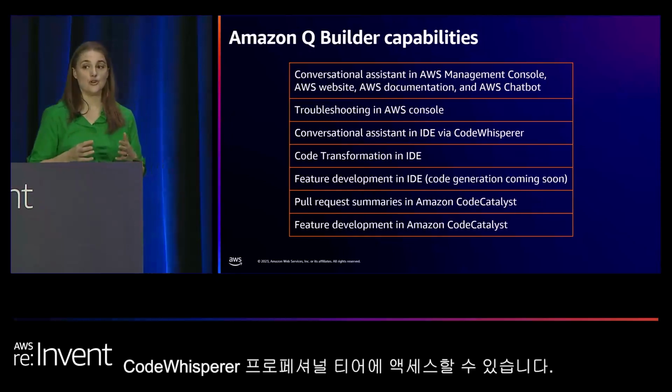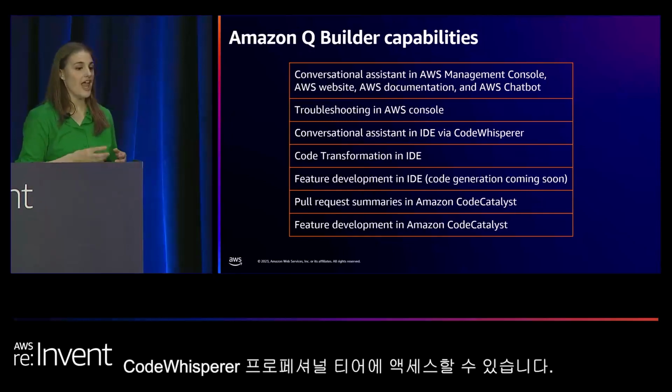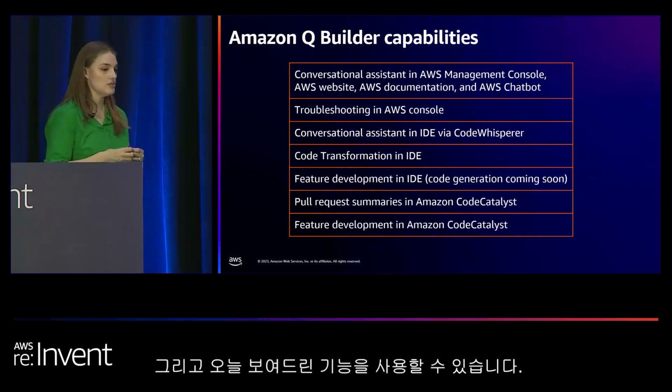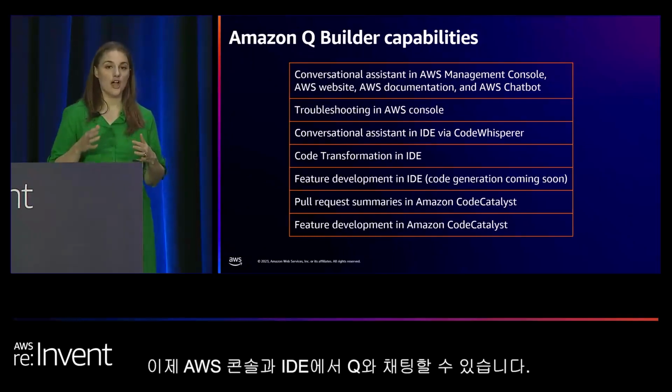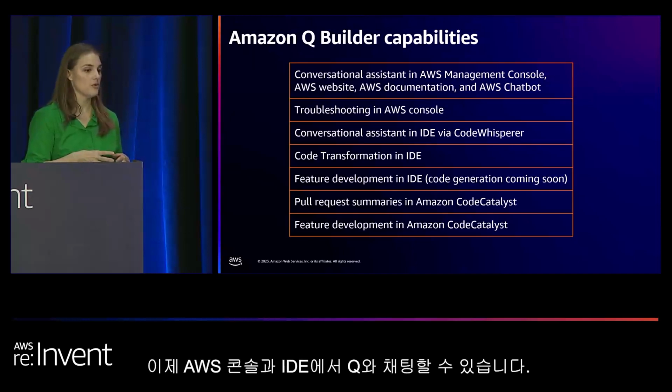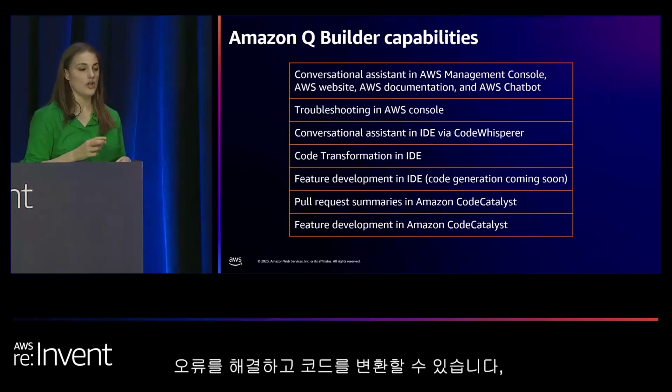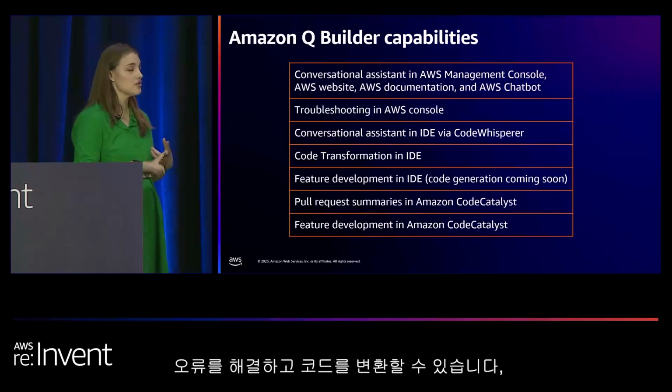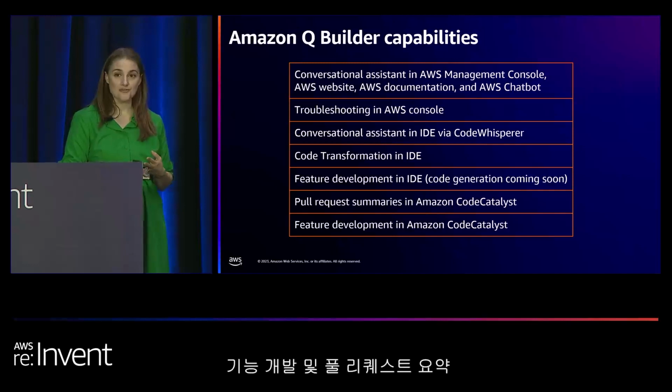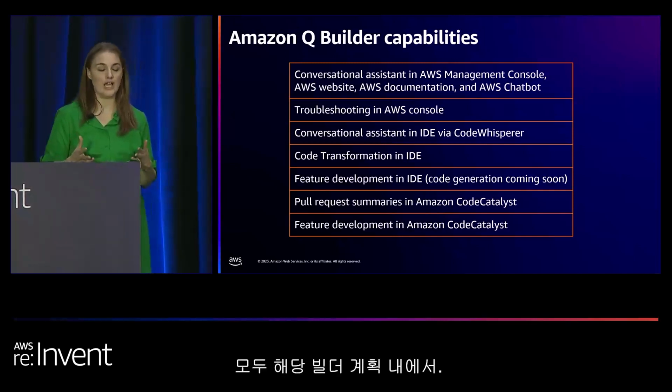You get access to CodeWhisperer Professional tier, and you get the capabilities that I showed you today. So you can chat with Q in the AWS console and in your IDE. You can troubleshoot errors, transform code, develop features, and summarize pull requests all within that Builder plan.